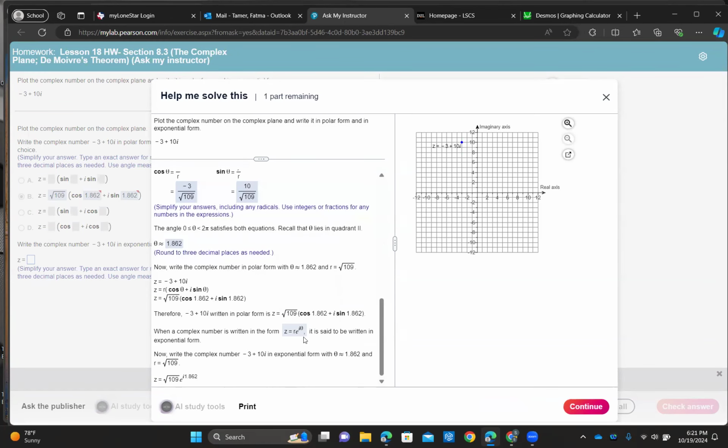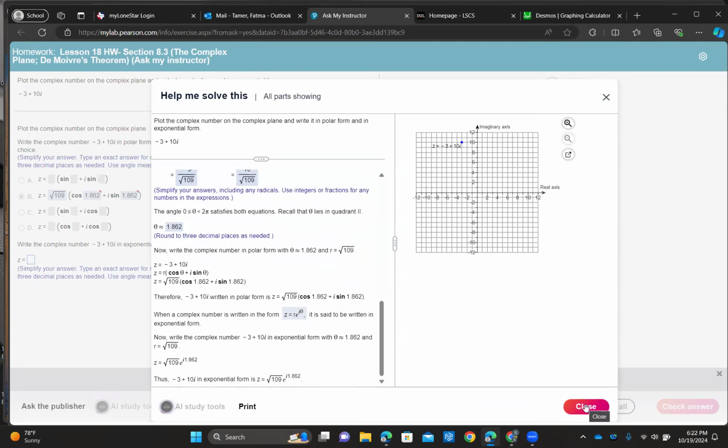In order to convert this to exponential form, we need the r value, which is square root of 109, e to the power of i, and then the theta that we got from the calculator is right here. Therefore, this will be the exponential form of the given question: square root of 109, e to the power of i times 1.862.